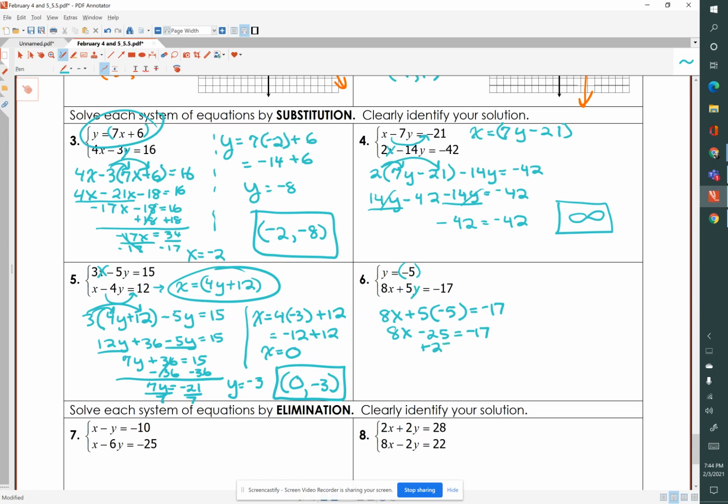Then I'll add 25 to both sides of the equation to get 8x equals 8, and of course x equals 1. So y has already been solved for us. So x equals 1 and y equals negative 5.